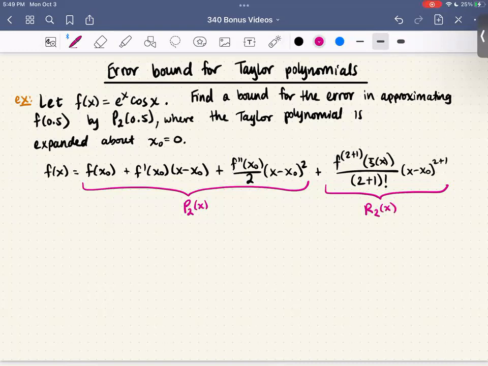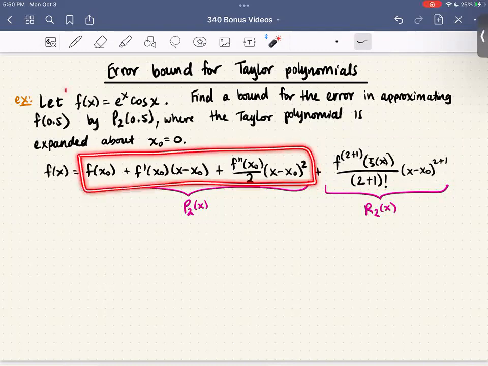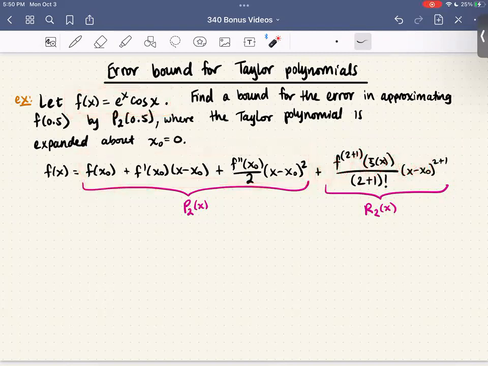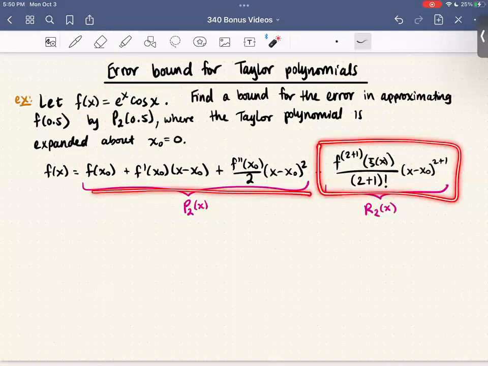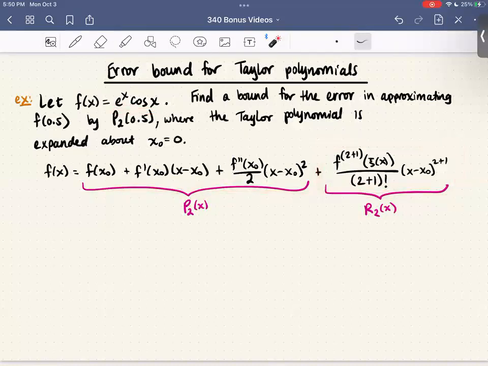Now, this remainder term pretty much tells us that if I just approximated my function f of x with this second degree polynomial, and I wasn't considering this right now, if I just stopped there, the remainder term captures how far off this quadratic polynomial is from this function f of x.